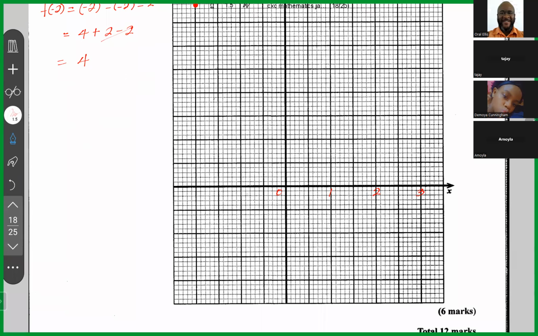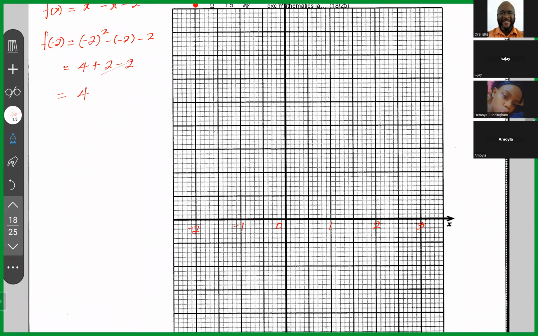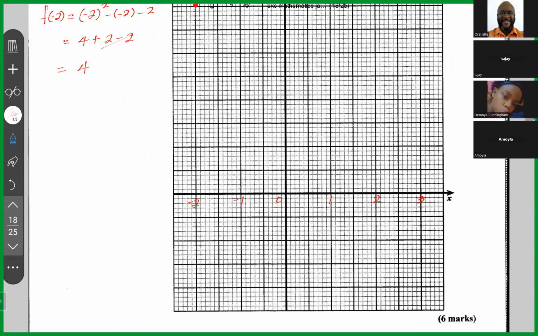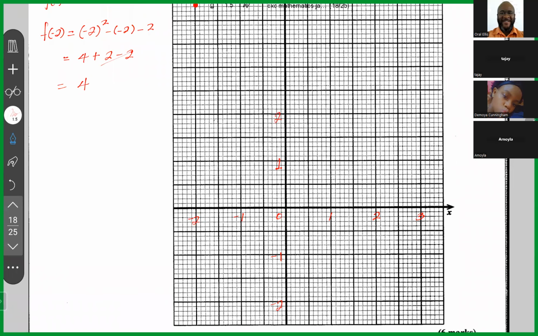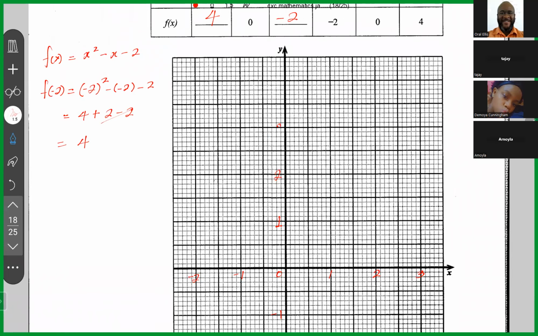To the left, minus 1, minus 2. On the vertical axis, every 2 centimeters, the number increases by 1, minus 1, minus 2. Going up, we have 1, 2.